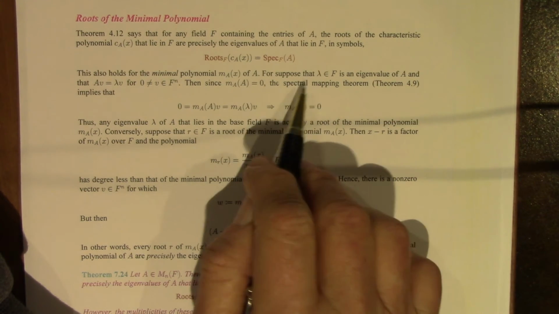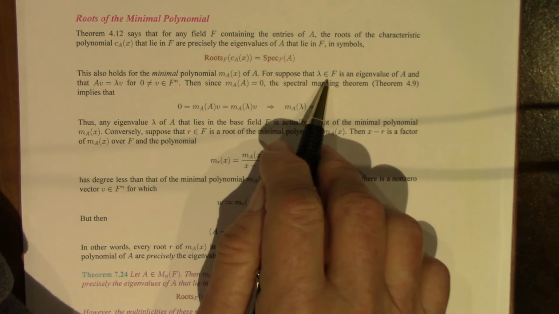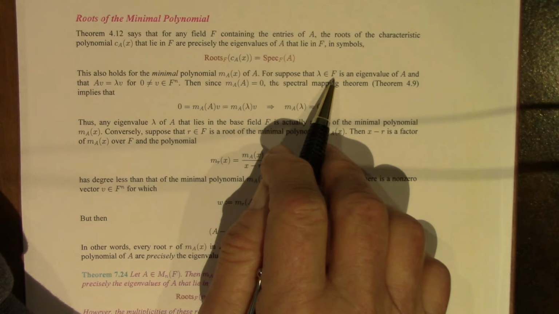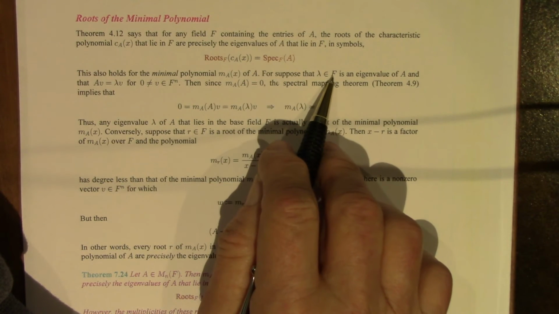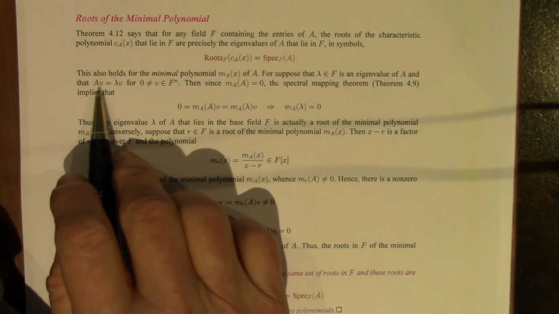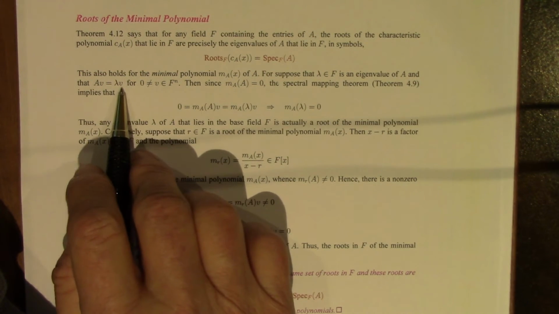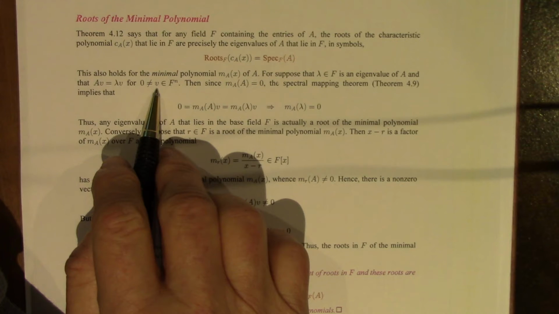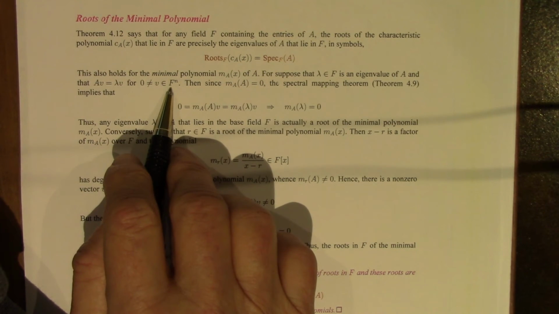As to proof, suppose first that lambda is an eigenvalue of A, belongs to the F spectrum of A. So Av equals lambda v for some non-zero eigenvector v in F^n.